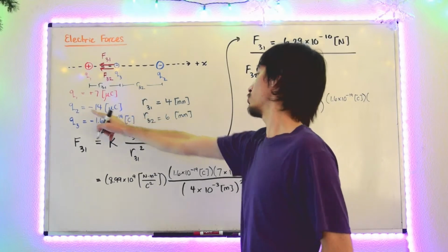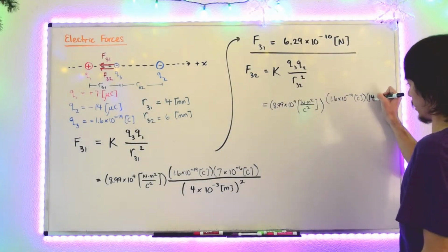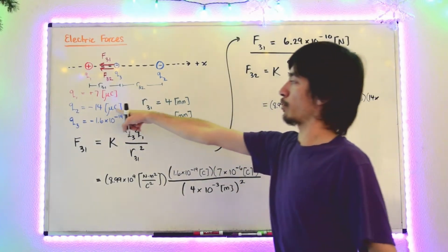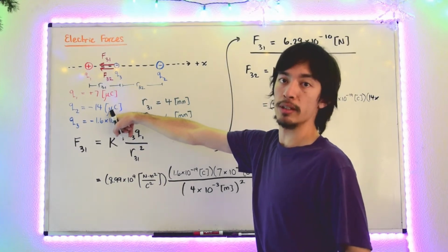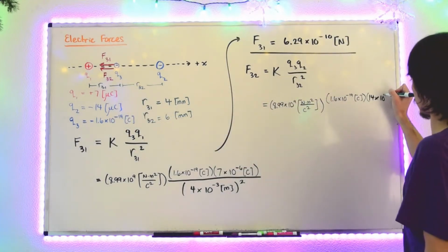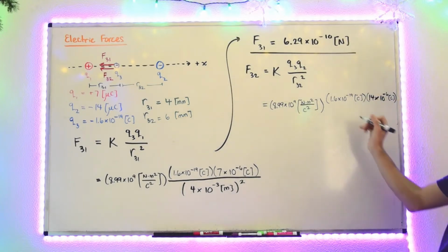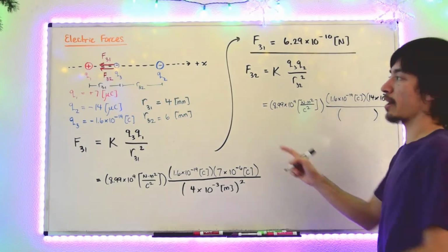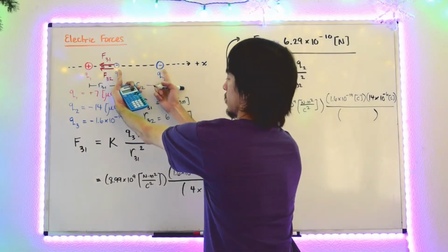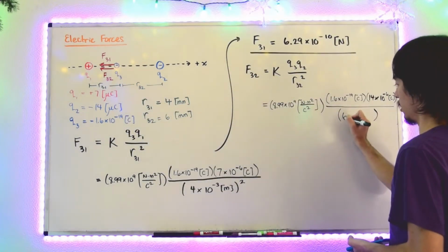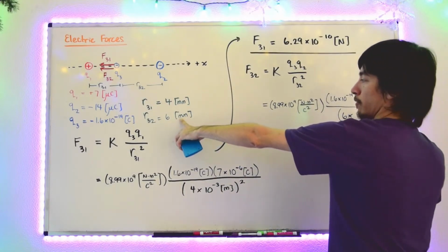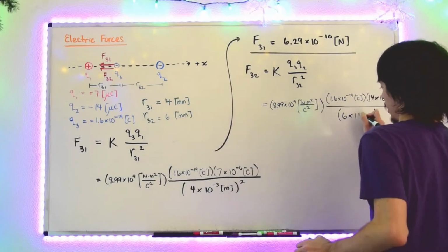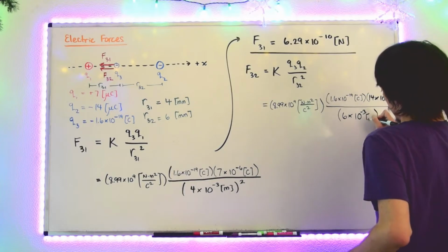The absolute value carries through as 14 times 10 to the minus 6th coulombs, since the prefix is micro, divided by the distance between charges 3 and 2, which we found to be 6 times 10 to the minus 3 meters, since the prefix is milli.